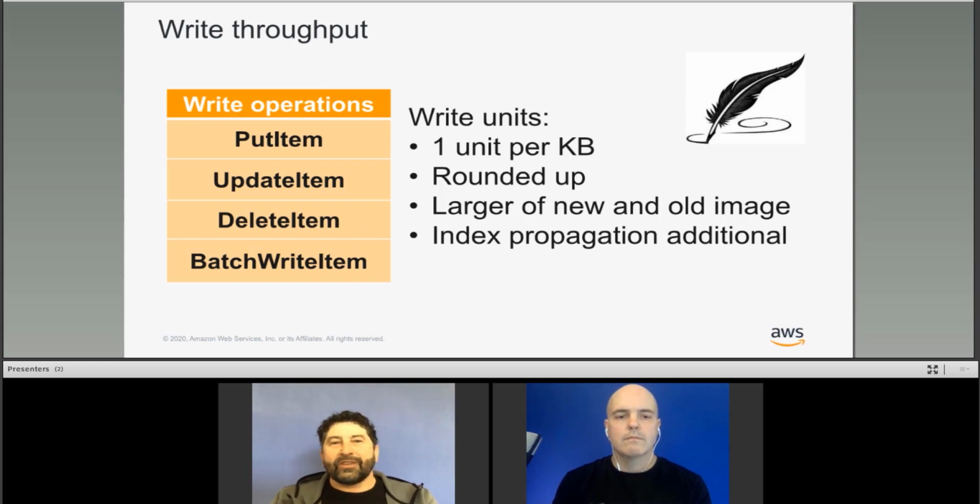So it avoids some of the network back and forth. This is a great operation for bulk updates. But batch write item is going to essentially be, on the DynamoDB side, just like breaking out those individual put items and delete items, and you'll be assessed the write consumption just as if you'd done them separately.